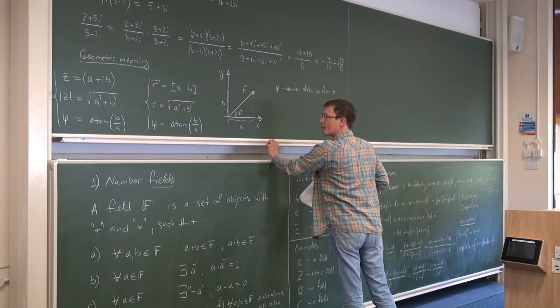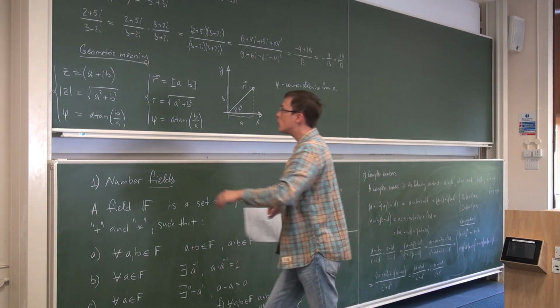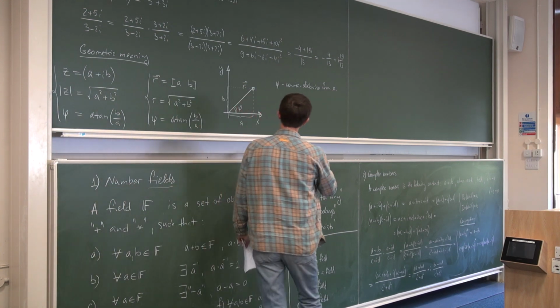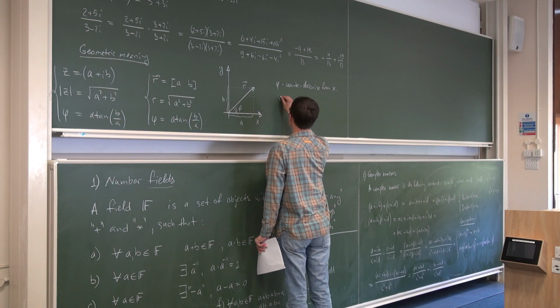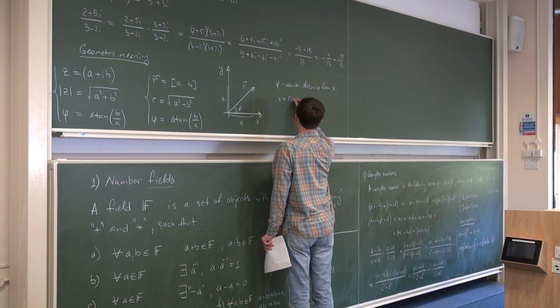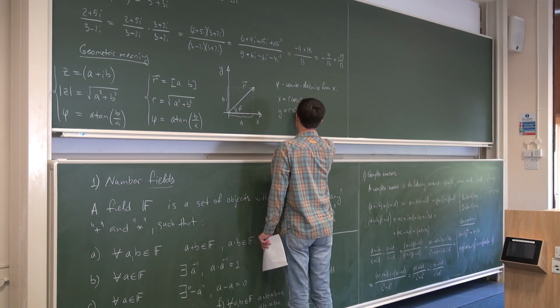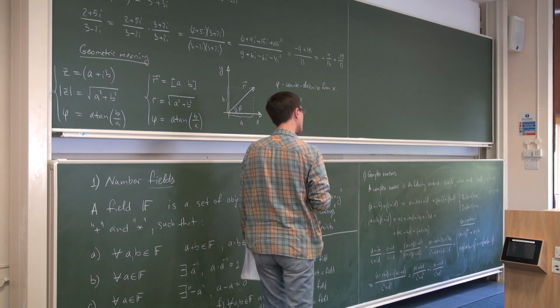If we go back to this original Z, we remember from the Cartesian coordinates that x was r cosine phi and y was r sine phi, right?